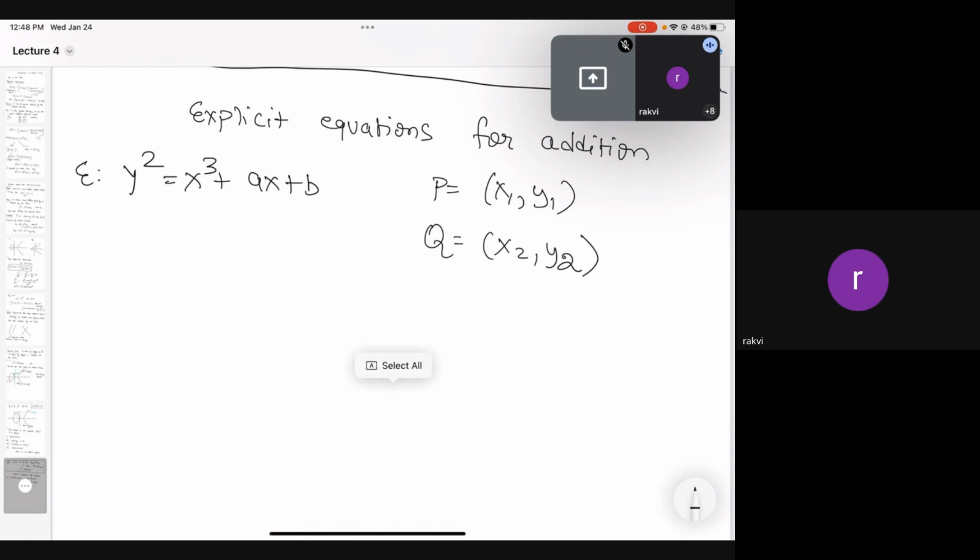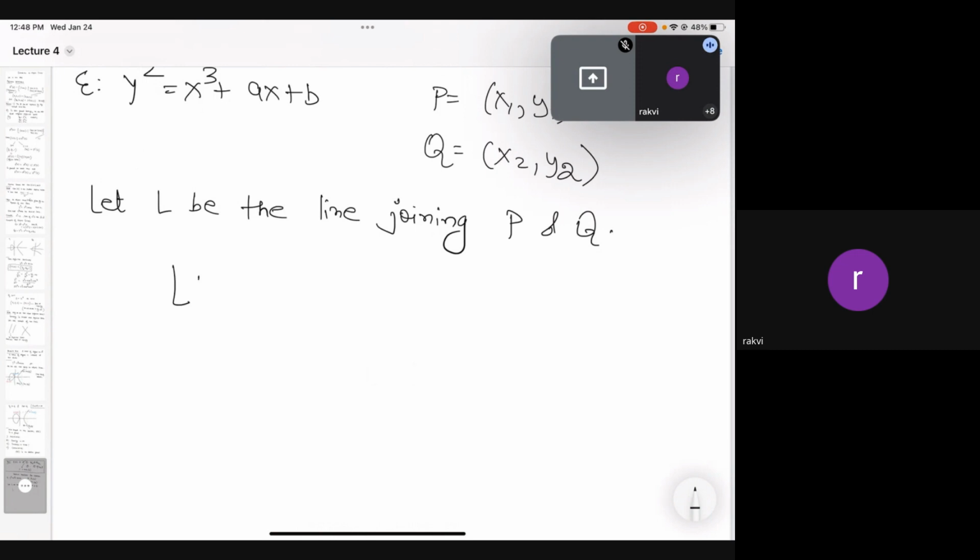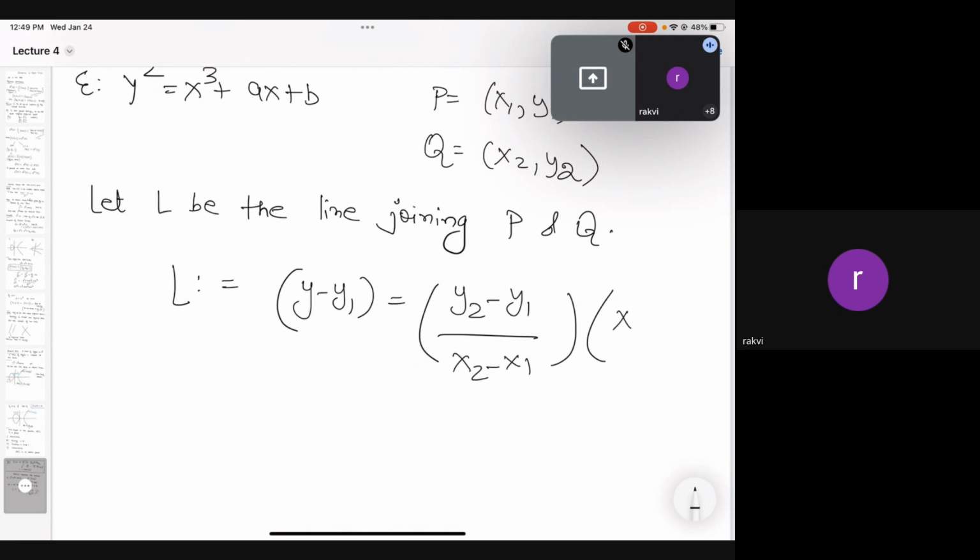So let L be the line joining P and Q. What is L? The equation for L, if we take the point slope formula, is given by y minus y1 equals (y2 minus y1) times (x minus x1).